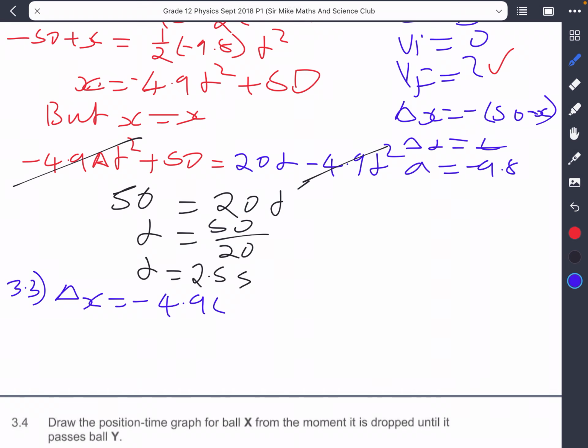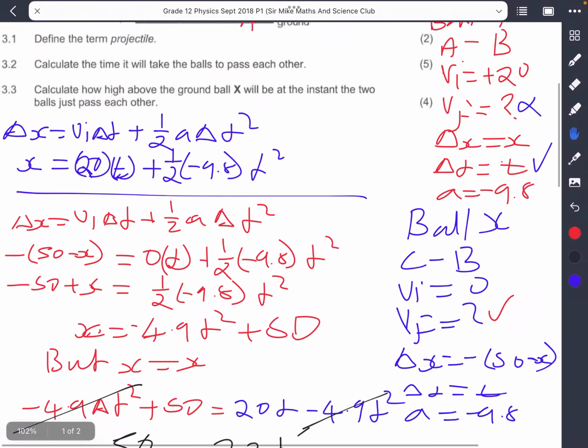So this would be t squared. In this case, this would be for ball X, right? This would be in relation to ball X.